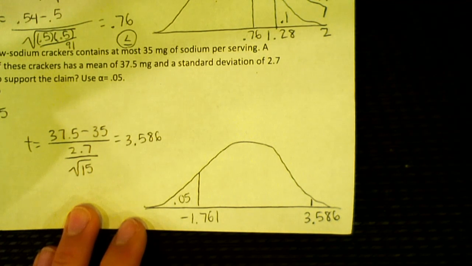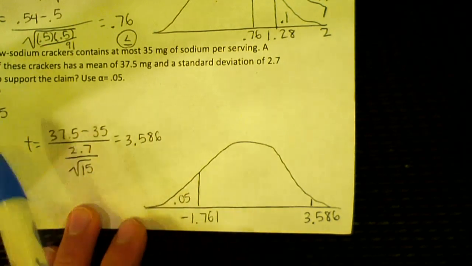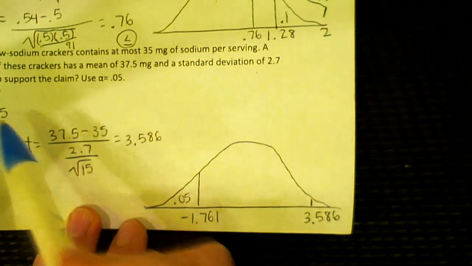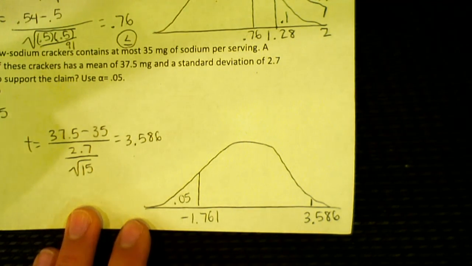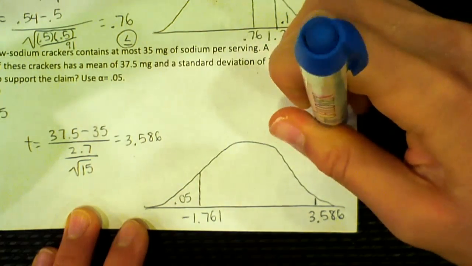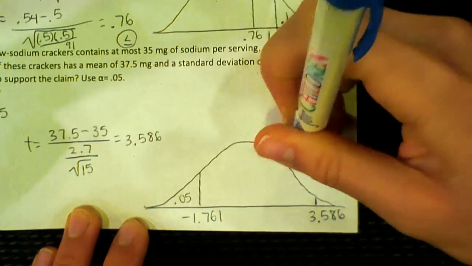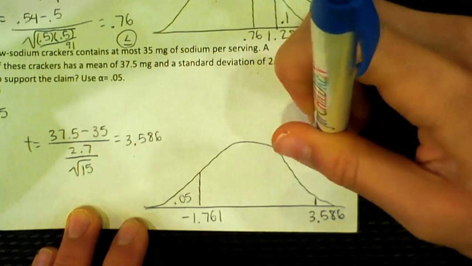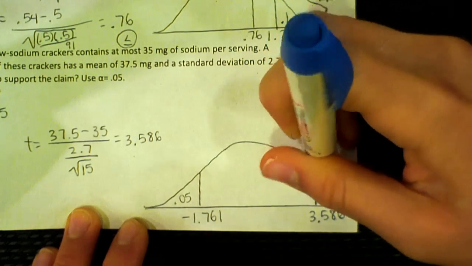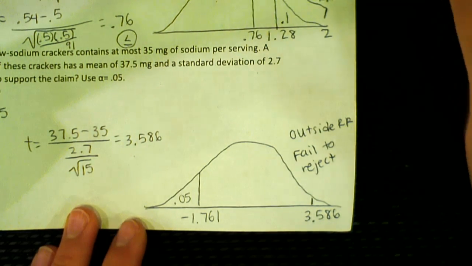So right off the bat, we could have figured, if this is a positive t-score and we're doing a lower tail test, we could have determined that already it was outside of the rejection region. Exactly. Okay. Good with that?